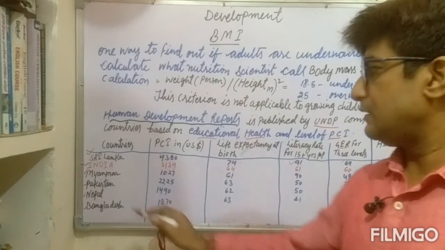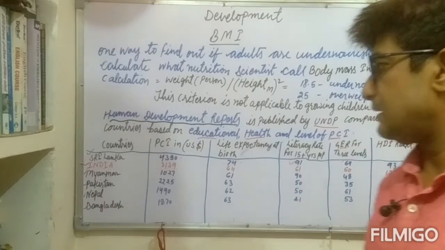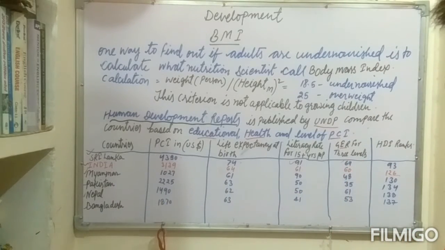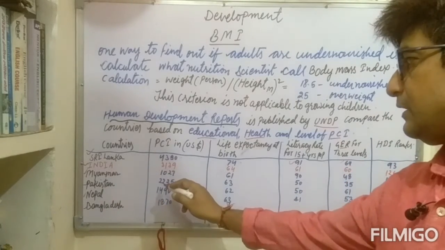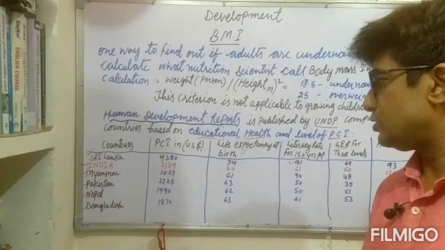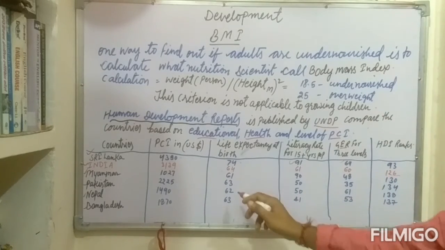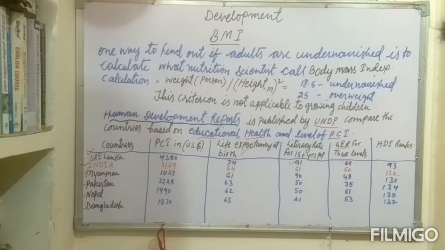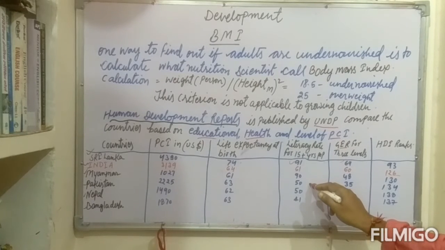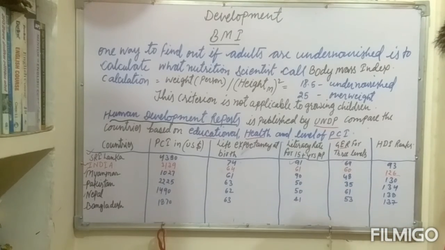Then Pakistan stands with a per capita income of 2,225 US dollar, and its rank is 63. The literacy level is 50%, and the gross enrollment ratio is 35, and the rank in the HDI is 134.